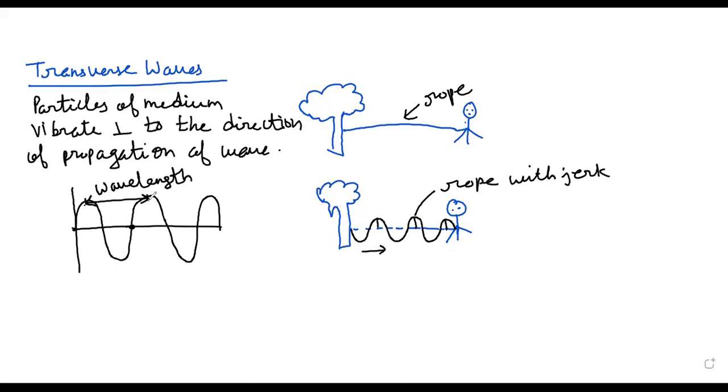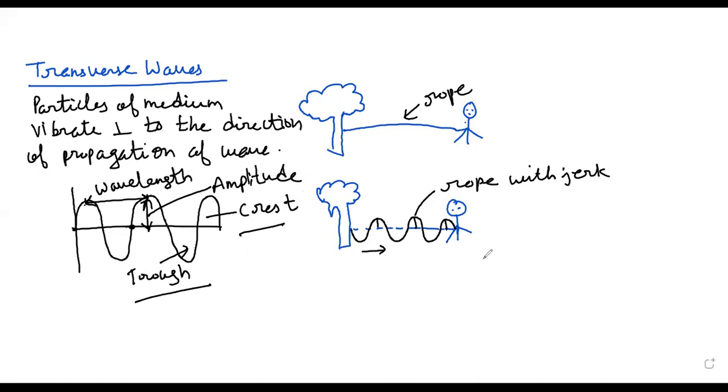There is no issue. This point is known as amplitude, the maximum displacement or maximum disturbance created. These hills and valleys are called the crest, the upper region, and the trough. Crest and trough, so these are the terms related to transverse wave.